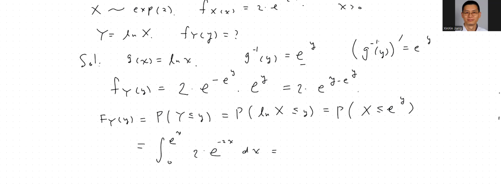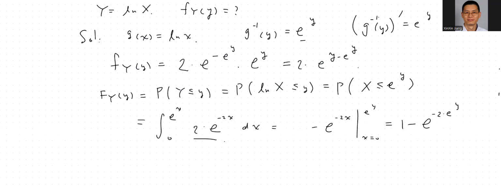And we are able to work it out, the antiderivative of negative e to the negative 2x, and then x runs from 0 to e to the y. That's 1 minus e to the negative 2 times e to the y. All right.